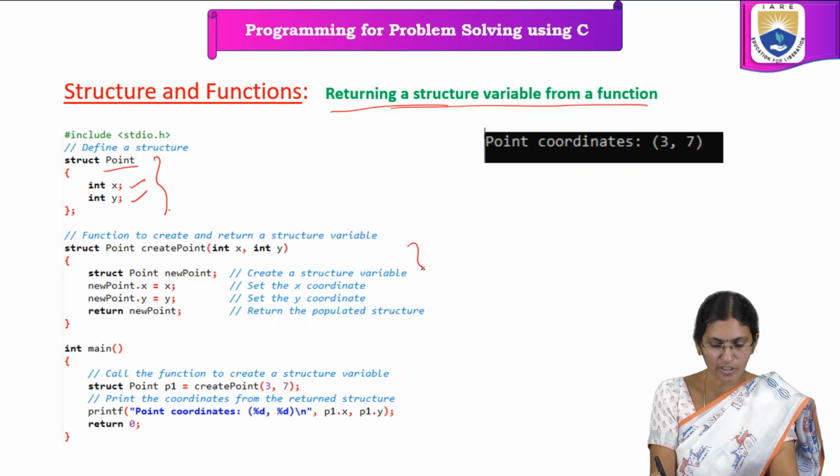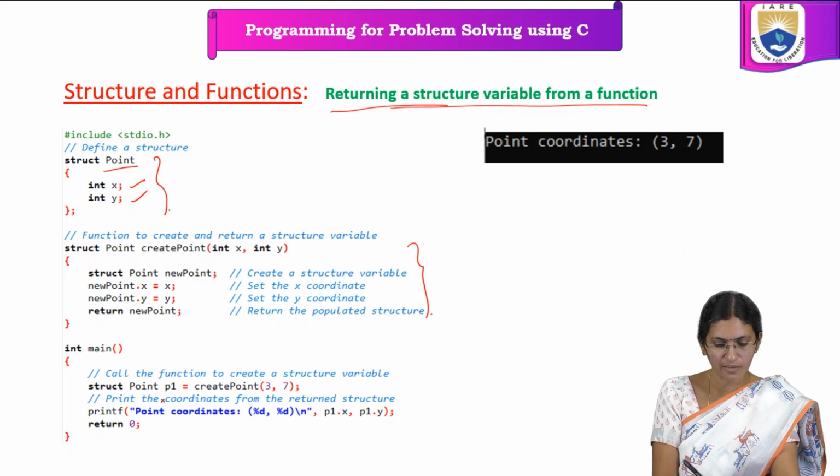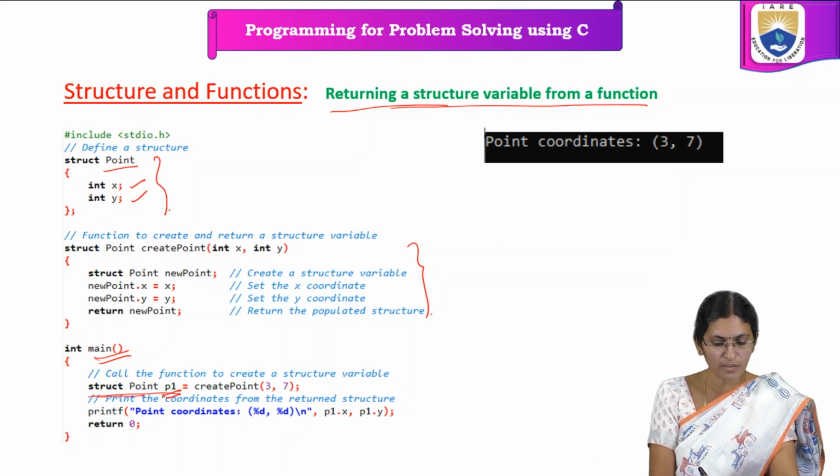Next, this is the function definition. First we will see the main function. We have declared a variable of type struct point, and the variable name is P1. P1 has two attributes, P1.x and P1.y.